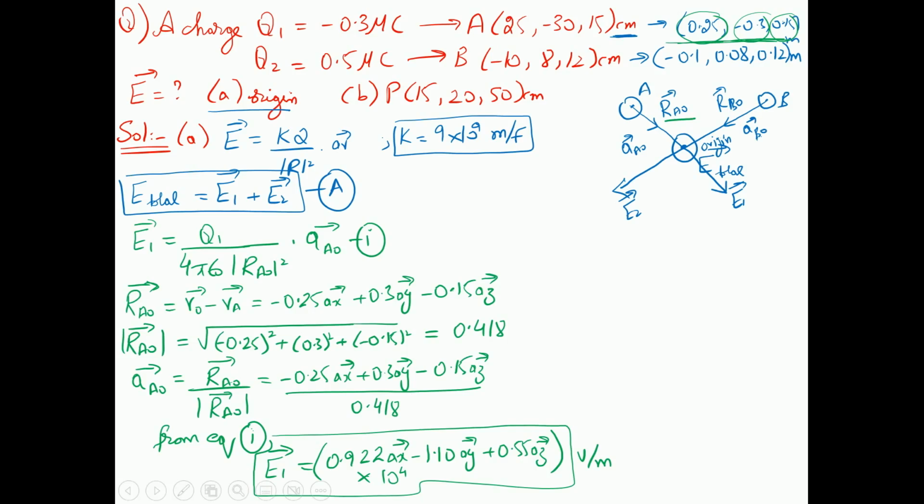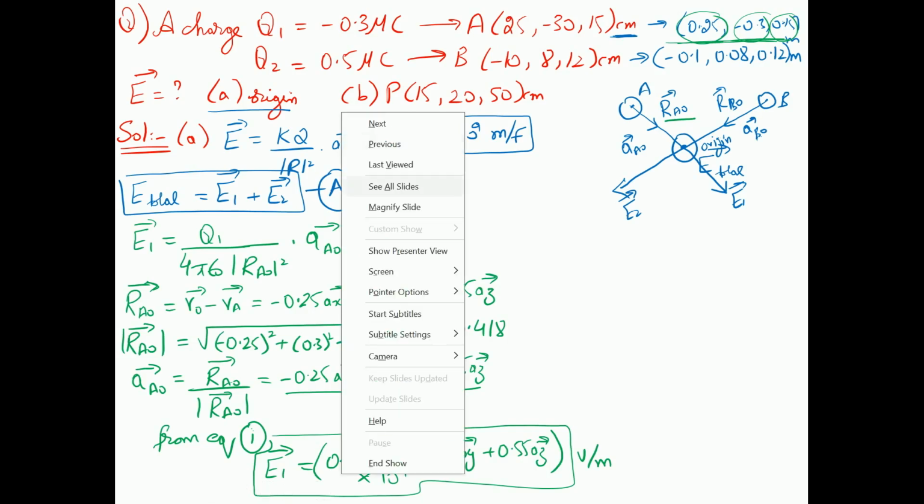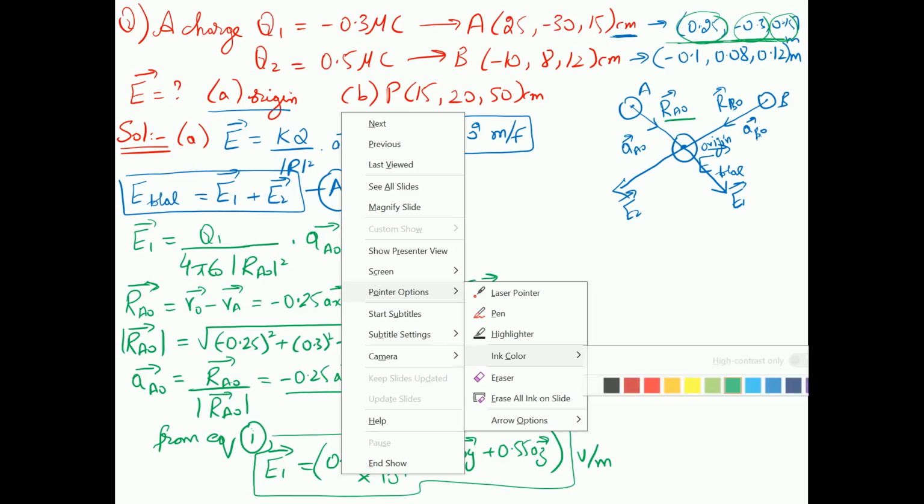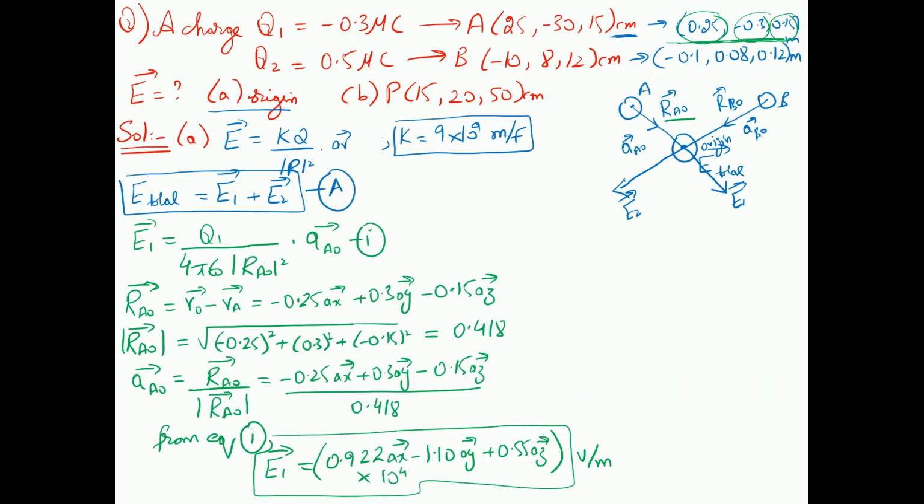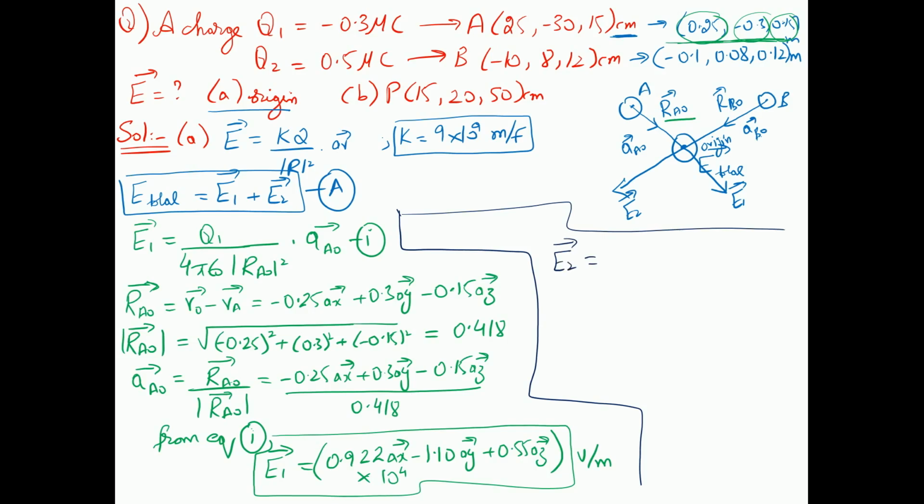Now we need to find the second electric field intensity. Again, it is going to be along the same lines as we did with the first one. For the second one, we need to find E2, and the equation remains the same. It is going to be Q2 divided by 4 pi epsilon naught R_BO squared, multiplied by a_BO as the unit vector.